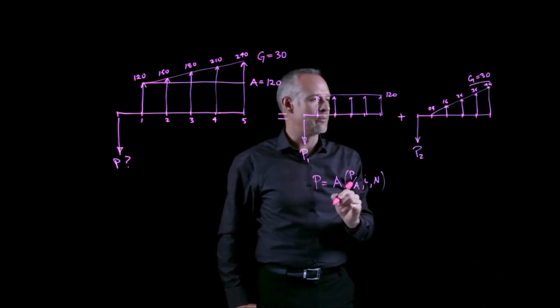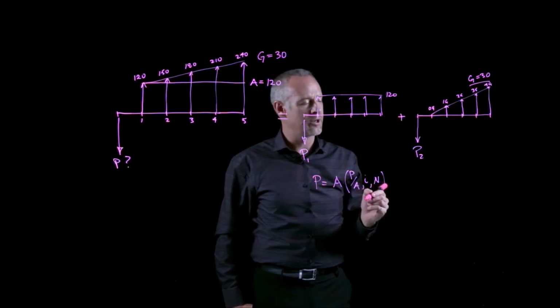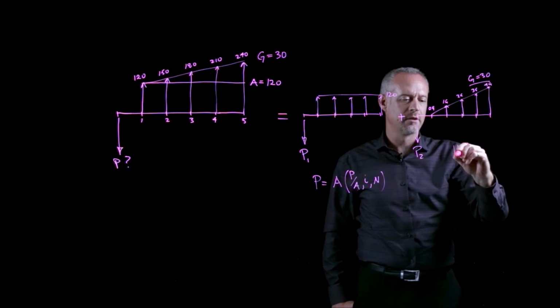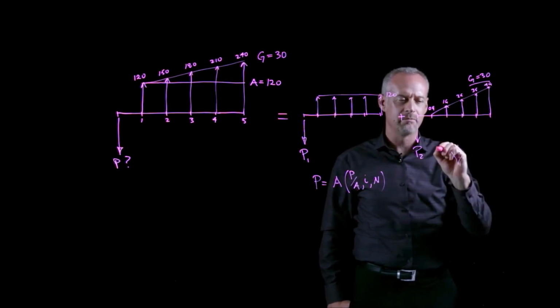Quite simple for me at this point in the course to be able to calculate P. But what do I do over here? Well, one of the things that I can identify from my engineering economics textbook is that I have a way to convert this gradient into an equivalent annuity.